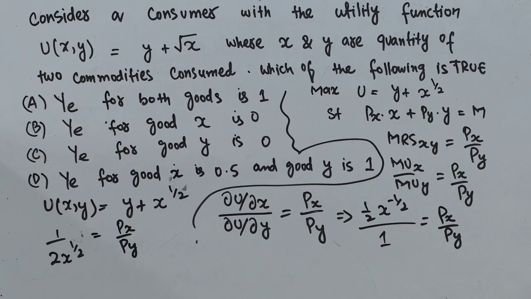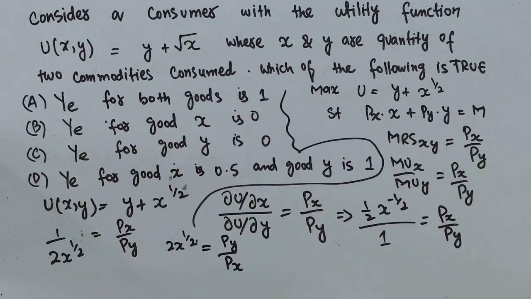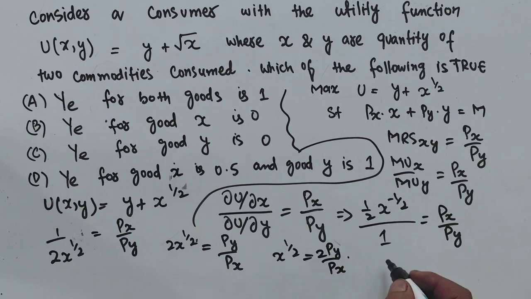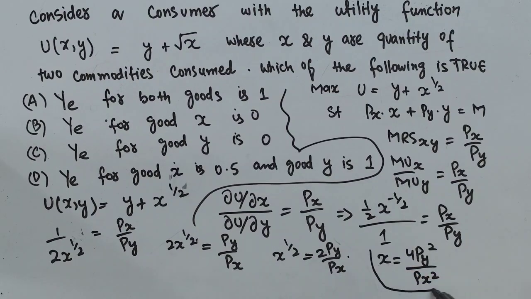Solving for x: 2x^(1/2) is equal to Py upon Px, or x^(1/2) is equal to Py upon 2Px, or x will be equal to, squaring, 4Py² divided by Px². This is the demand function for good x.